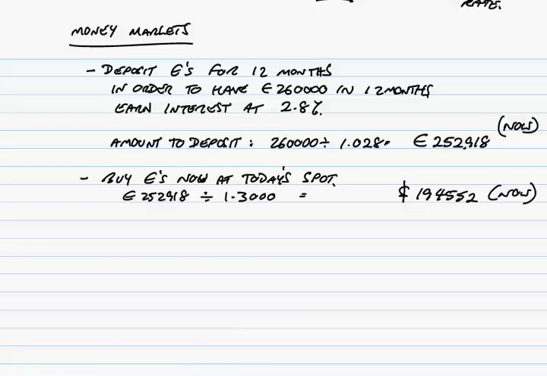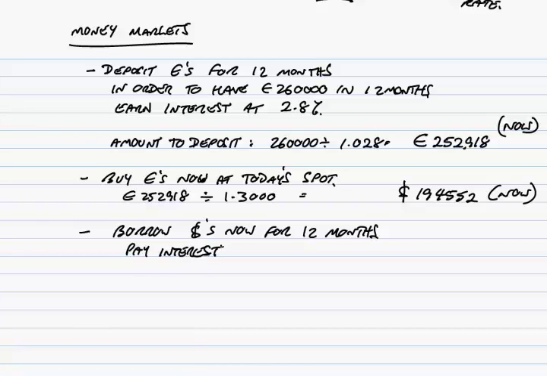However, that would mean paying out money now, whereas, of course, the interest itself we wouldn't normally be paying for 12 months. And so we'll borrow those dollars for 12 months. So the actual payment will be in 12 months' time. We'll have to pay interest, of course. And the interest borrowed short-term in dollars is 5.3% per year.